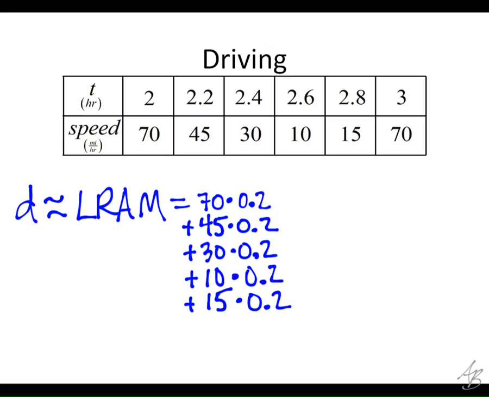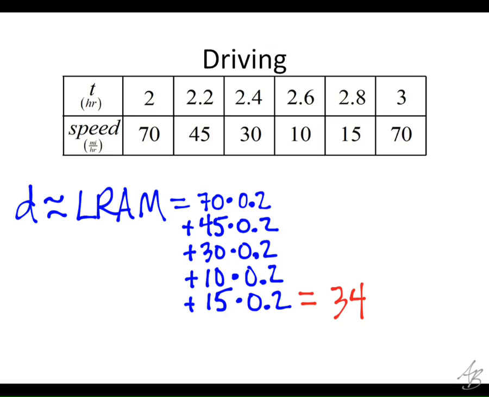Factor that out. So we can add all of these up: 70 plus 45 plus 30 plus 10 plus 15, and then take that sum and multiply it by 0.2 and get our approximation, which is going to be what? So we get 34.